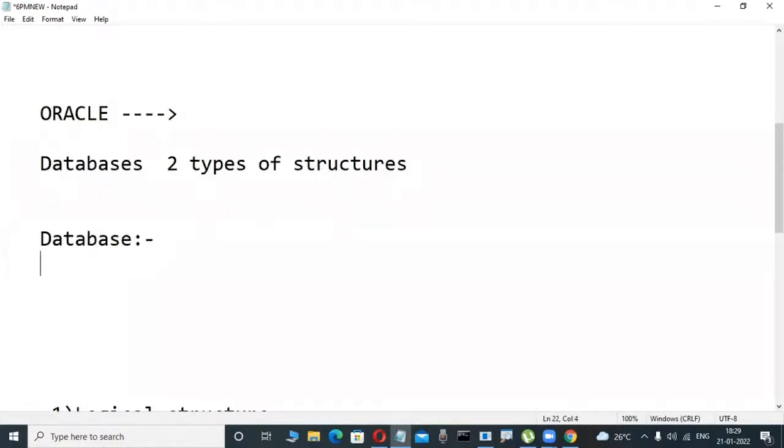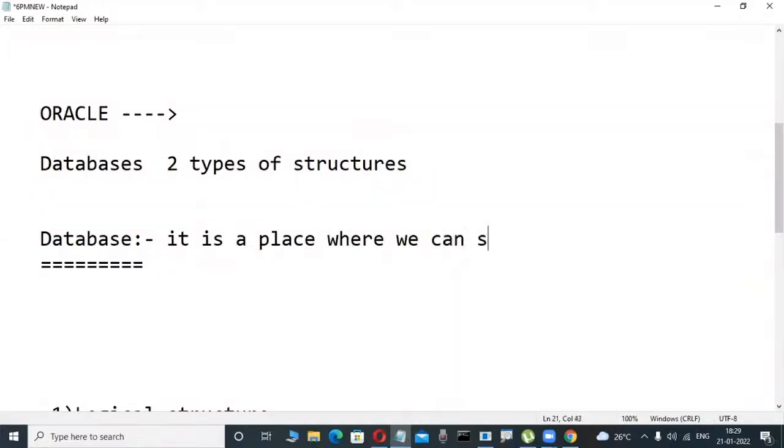What is a database? Whether you look in Google or in books, it is a place where we can store a structured collection of data. What is data? What is information? What is DBMS? That is later.